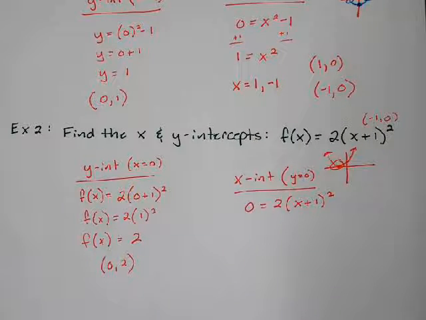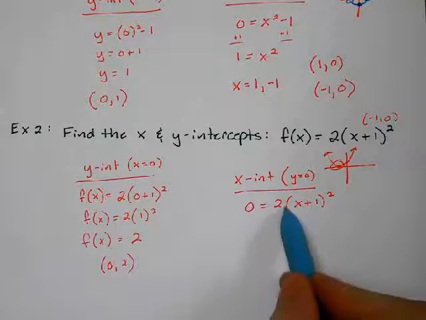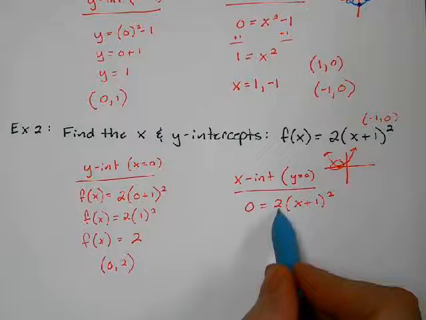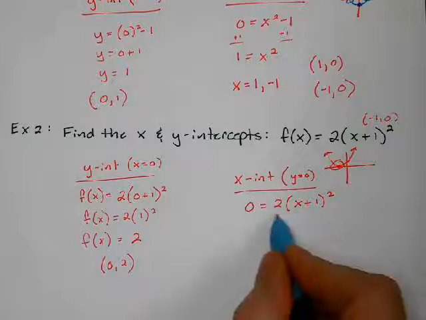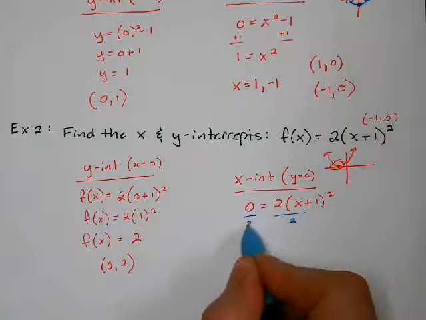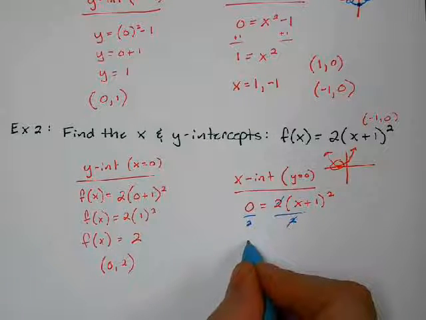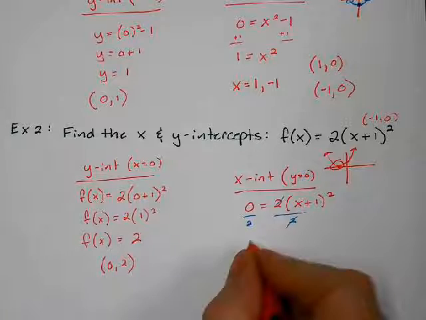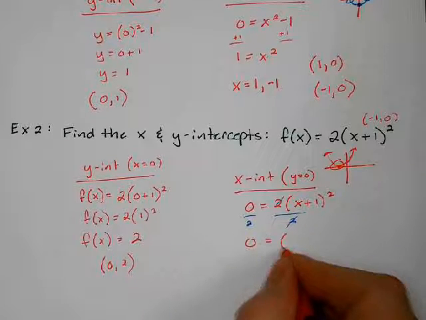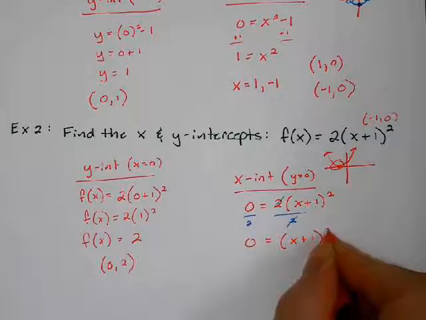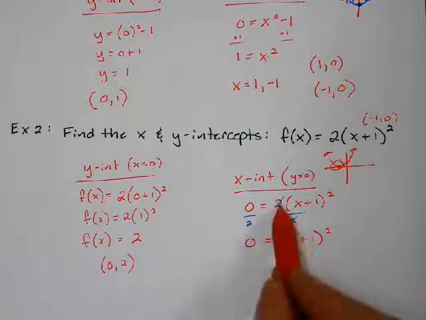I want to get rid of all this stuff one by one. This is 2 times all this. So if I divide both sides by 2, that reduces, and 0 divided by 2 is still 0. So I get 0 equals (x plus 1) squared.